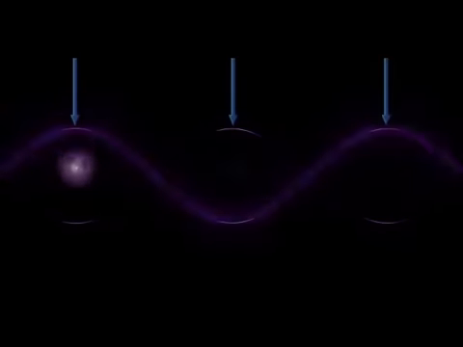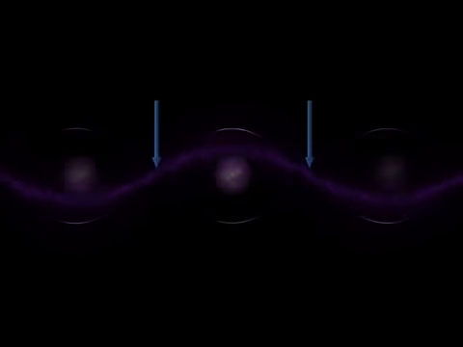And those places where the wave crests are maximum are the places where the particle materializes most of the time, while the places where the crests are minimum are the places the particle avoids. The wave is a map of the particle's existence. And as the wave changes, the particle changes as well.